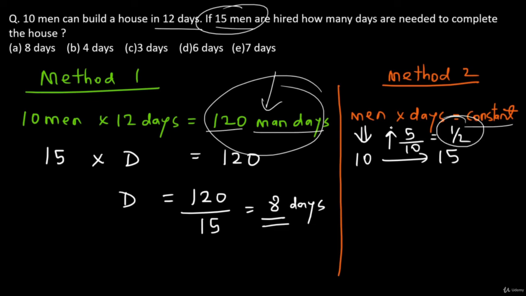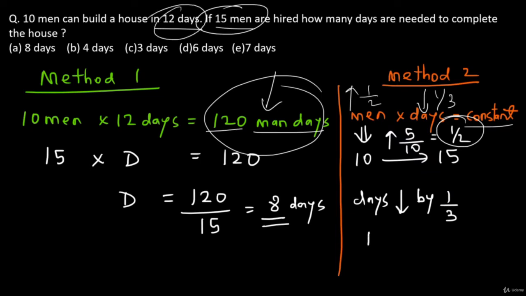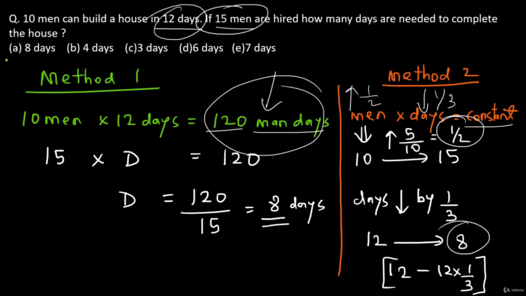So when men is increasing by 1 by 2, to keep the product constant, days has to decrease by 1 by 3. We have already discussed this. Therefore, days has to go down from 12 to 8. How do we get 8 over here? That's 12 minus 12 into 1 by 3, a decrease by 1 by 3. And that gives the answer as 8, which is answer option A.